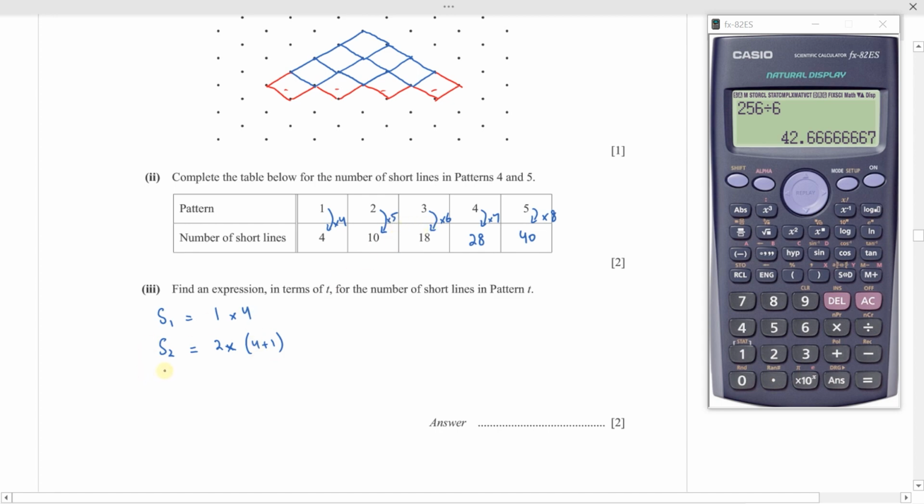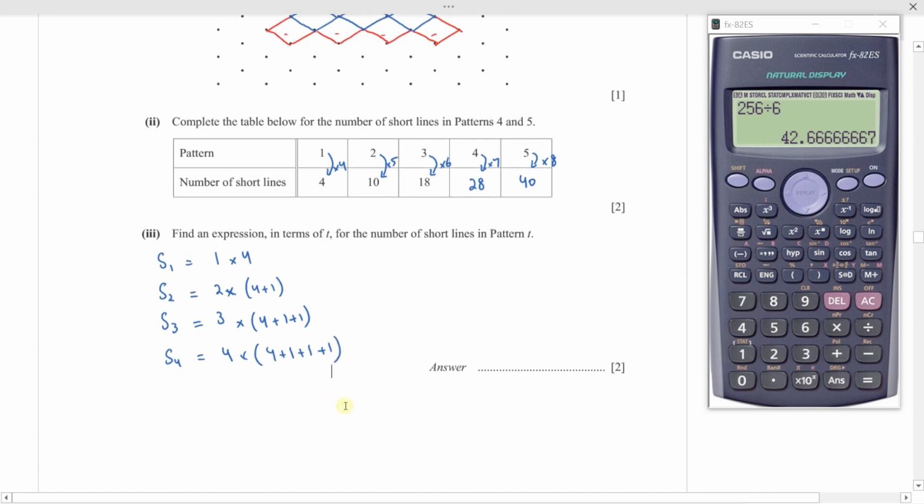So for pattern number 3, how many short lines do you have? You multiply 3 with 6, which is 4 plus 1 plus 1, and so on. Pattern number 4, you multiply 4 with, you add another 1 here, so plus 1 and then another 1.